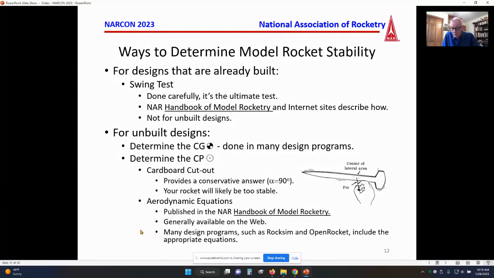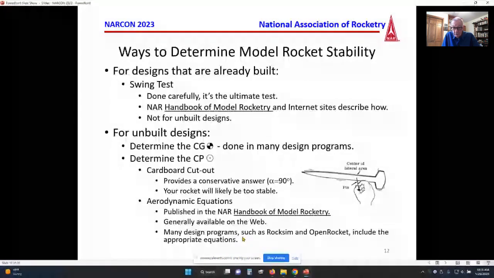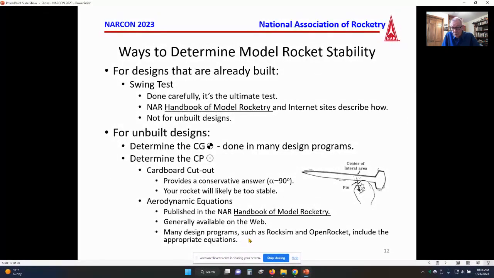But for those that are computer savvy, and I assume most of you are, both RockSim and OpenRocket use the appropriate stability equations for any new designs, and I think that's probably the simplest and most straightforward technique to use to get to know it. But if you want to do it by hand, if you want to check and see how the actual computations get done, then those other reports are a good way to determine that.